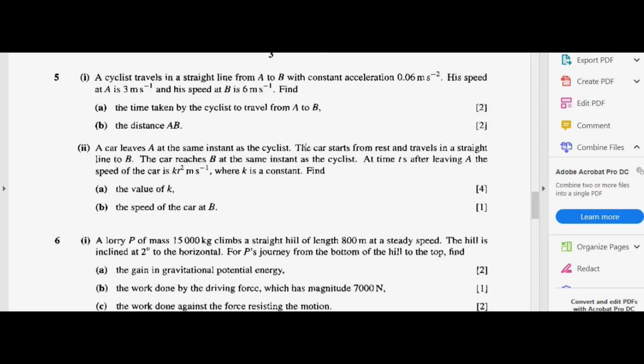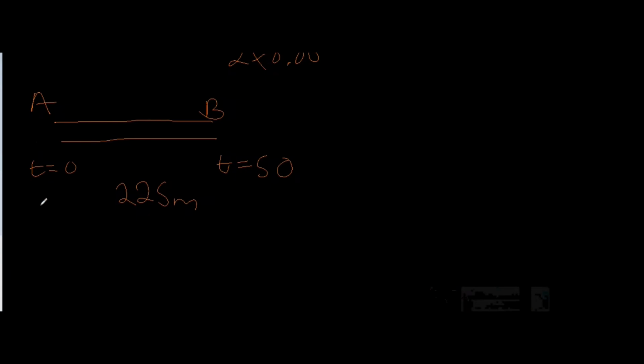And we know that the car starts from rest, so we know that the initial velocity of the car u is equal to 0.